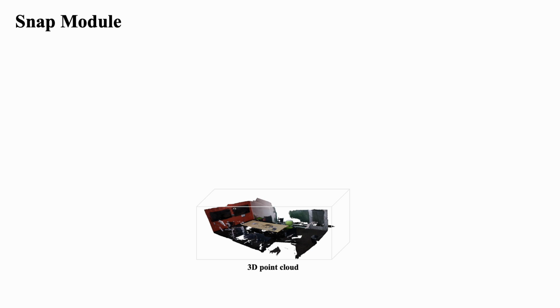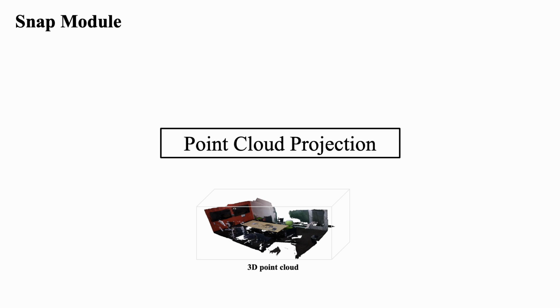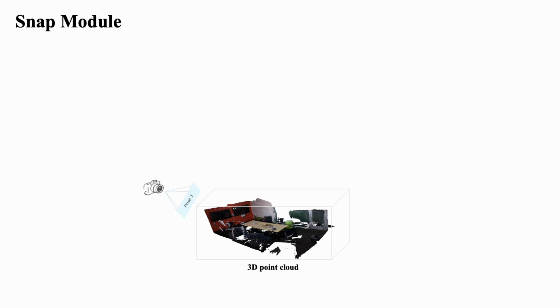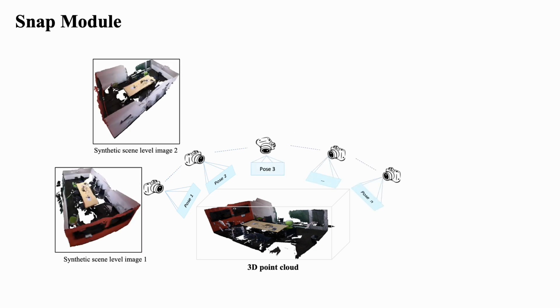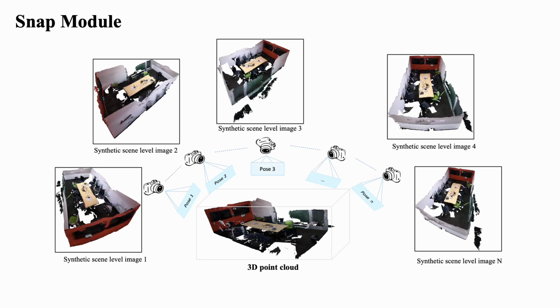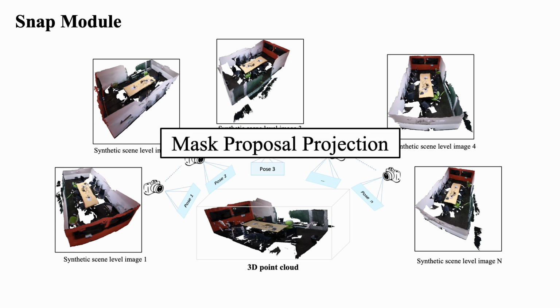After exploring various rendering approaches, we propose the following scene-level image rendering technique. Firstly, point clouds of the scene are projected. We position the camera at the top of the scene evenly to capture the scene from different angles. The intrinsic matrix is calibrated to place the scene at the maximum proportion of the images. Then, mask proposals are projected using the same camera models to form mask pixel maps, which later will be used as guidance in the lookup module.